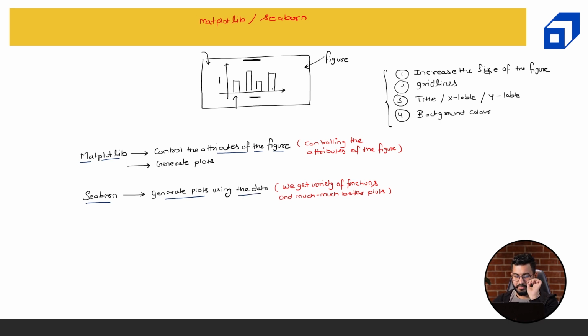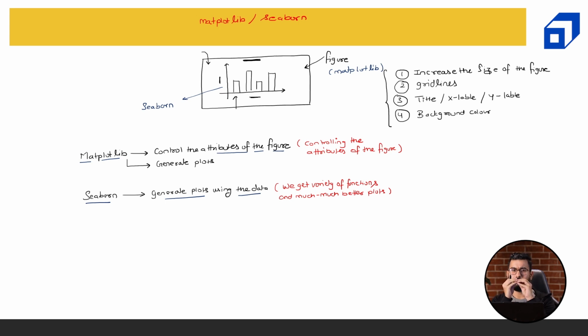And as you can see, on top of the figure, you can keep any number of plots, right? So if my figure is controlled by Matplotlib, and I'm generating my plots using the Seaborn library, then these two libraries can work together.